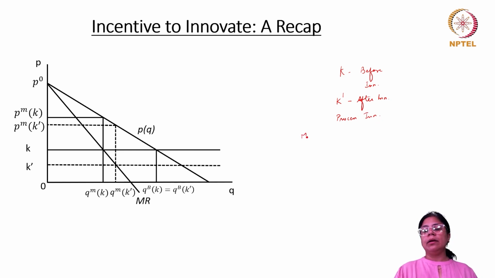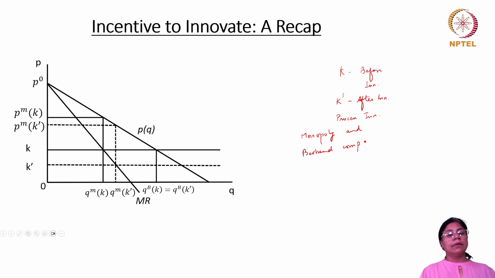We have compared earlier monopoly and patent competition. There we saw that for a monopolist, when they are making profit after innovating, that profit actually also eats into the profit they were making before the innovation came into the picture.